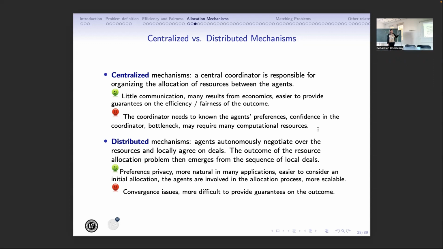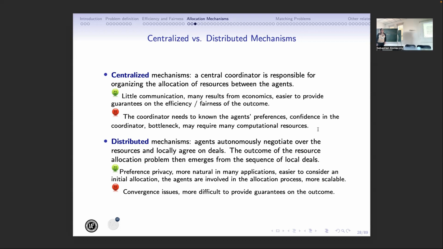It is often easier to consider such a mechanism when the agents have an initial allocation, and in fact, to reach another allocation, you need the agents to agree that they will exchange their current resource with another resource. And of course, it is more scalable as you don't have a central coordinator which has to compute a huge allocation with a large set of preferences.